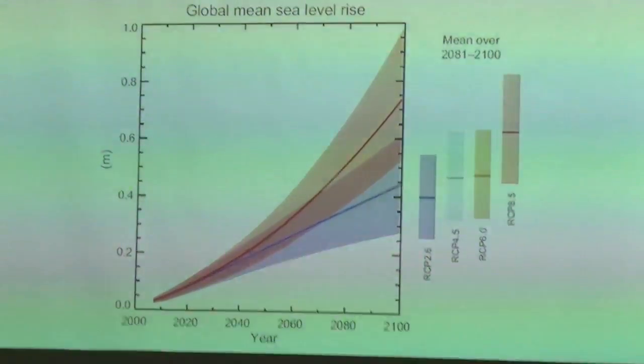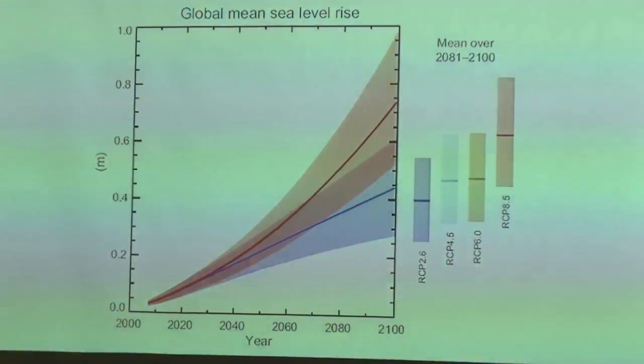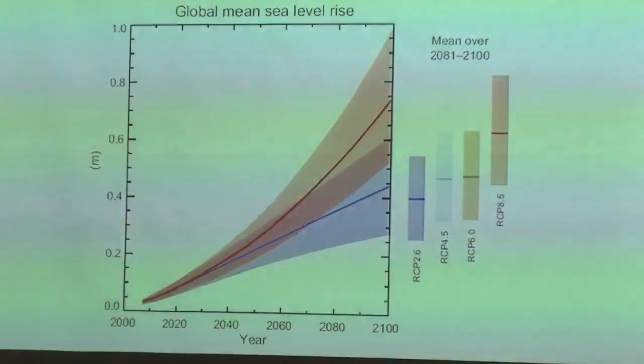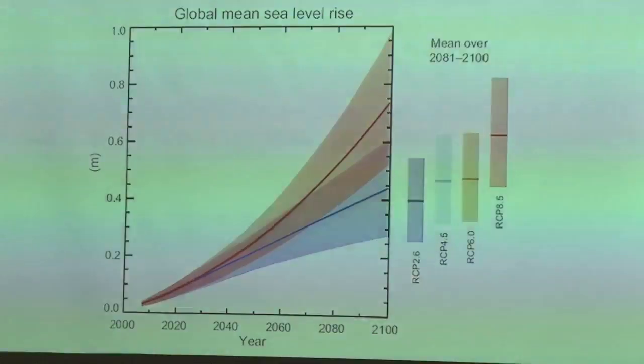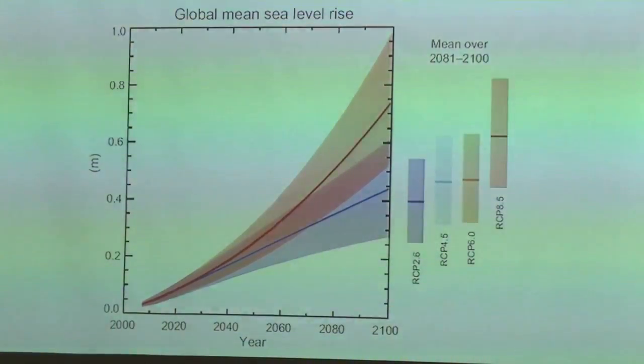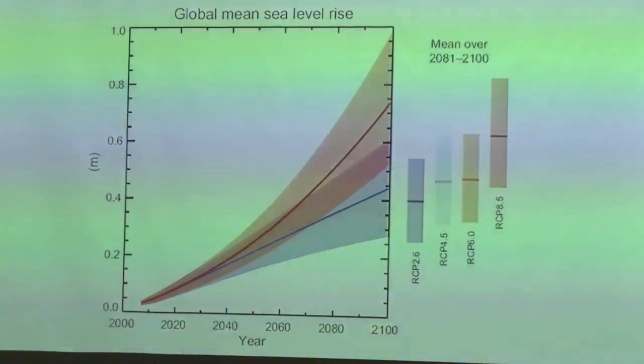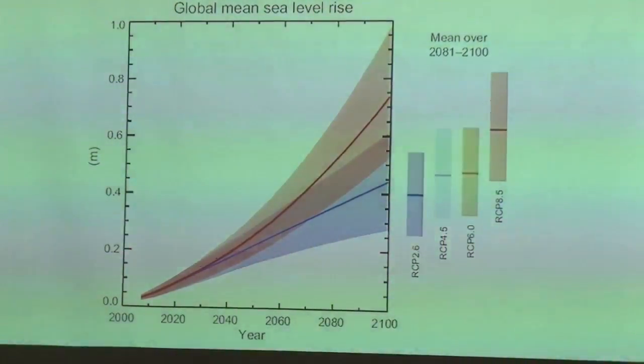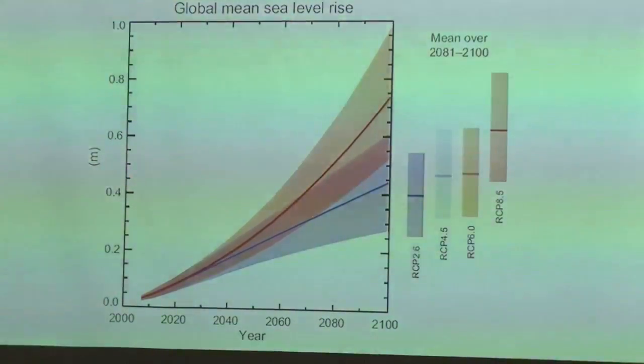The different colours represent different carbon emission scenarios. So if we don't emit so much carbon, we'll get sea level rise somewhere in the range of about 30 centimetres. If we keep on emitting a large amount of carbon into the atmosphere, they predict that we're going to get anywhere up to a metre by 2100.